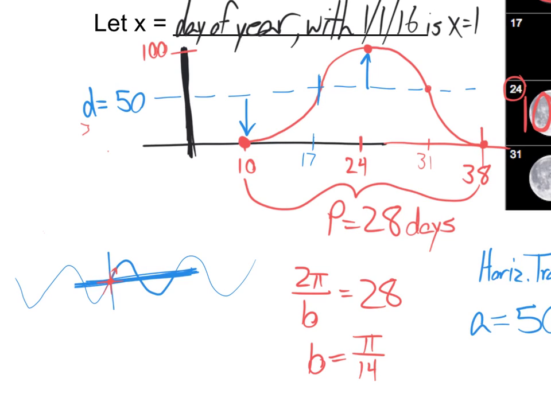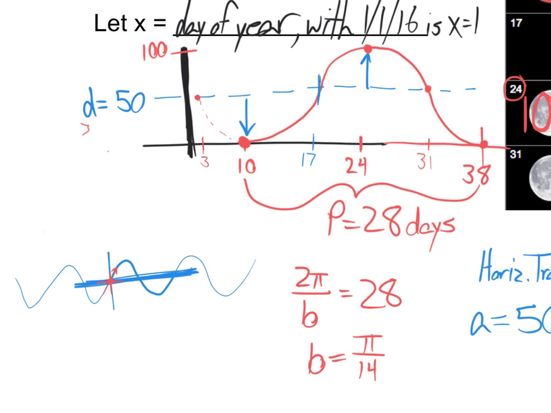We could have done a lot with this. We could have even gone backwards 7 days and found that at day 3 we were hitting the midline on the way down and made a negative sine model there. There's an infinite number of possibilities here, guys.